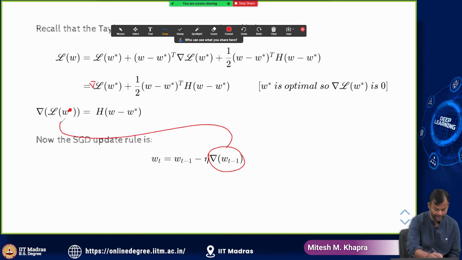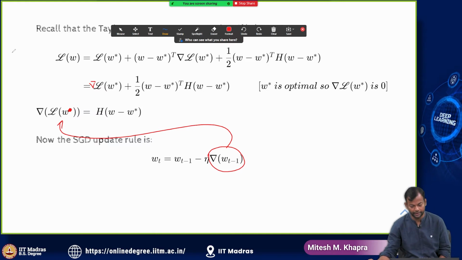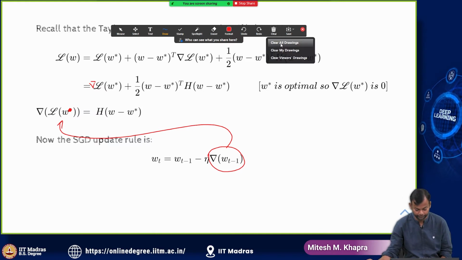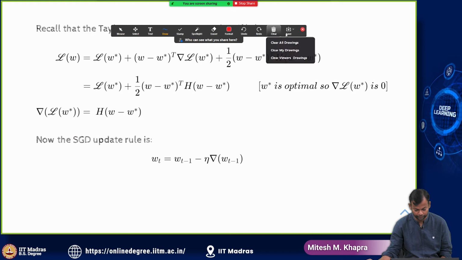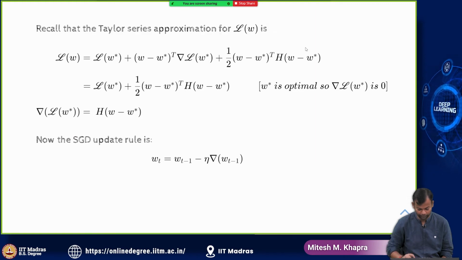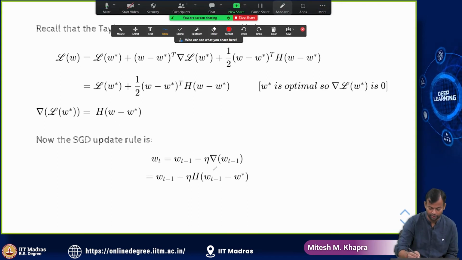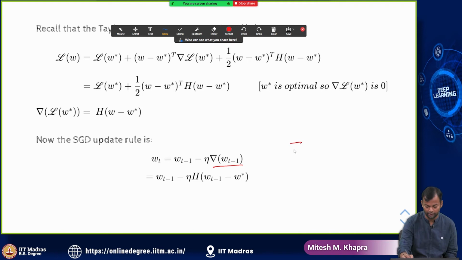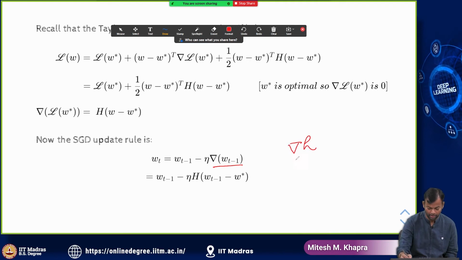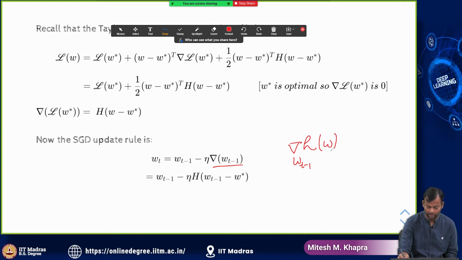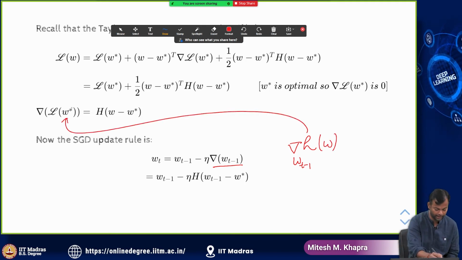So these two quantities are the same. So I'm just going to replace the formula that I just derived here. Again, remember, this was the derivative of the loss function evaluated at Wt minus 1, and I just got a formula for that here.